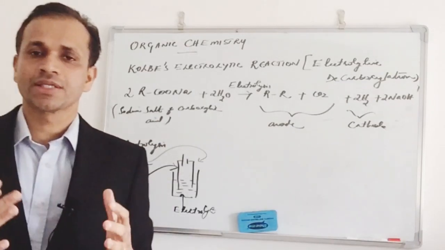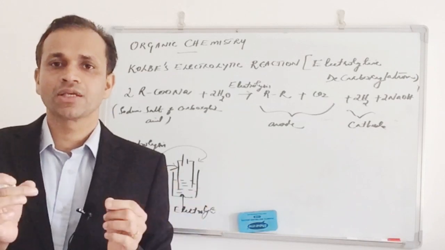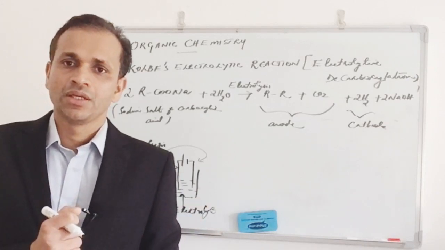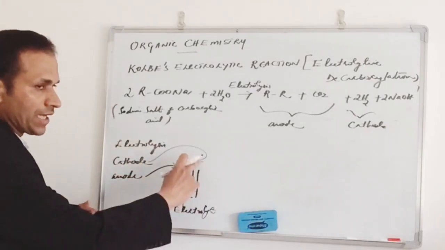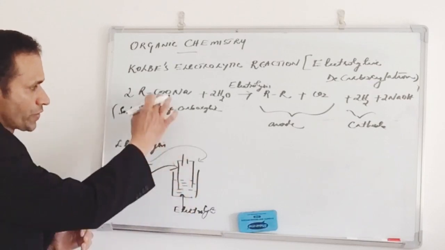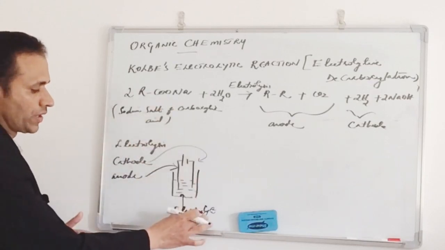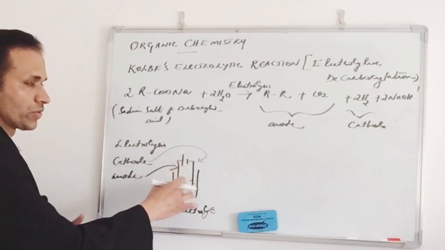Electrolysis is a process of decomposition of an electrolyte by passing electricity. If you consider a small cell here, there is a beaker containing an aqueous solution of a salt, called the electrolyte, that allows the passage of electricity through the solution.